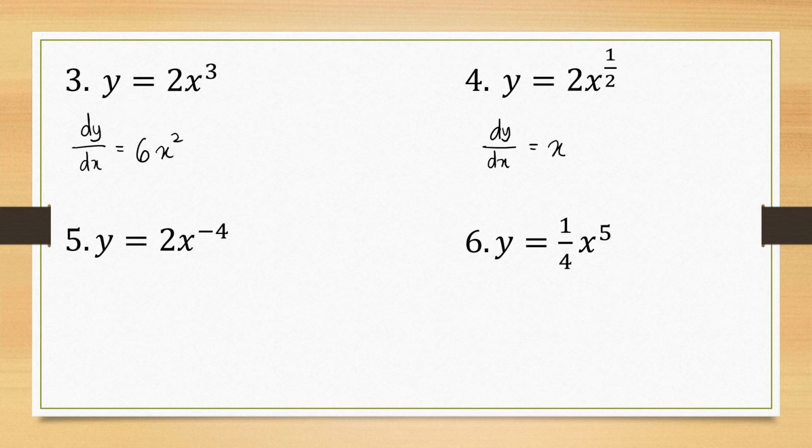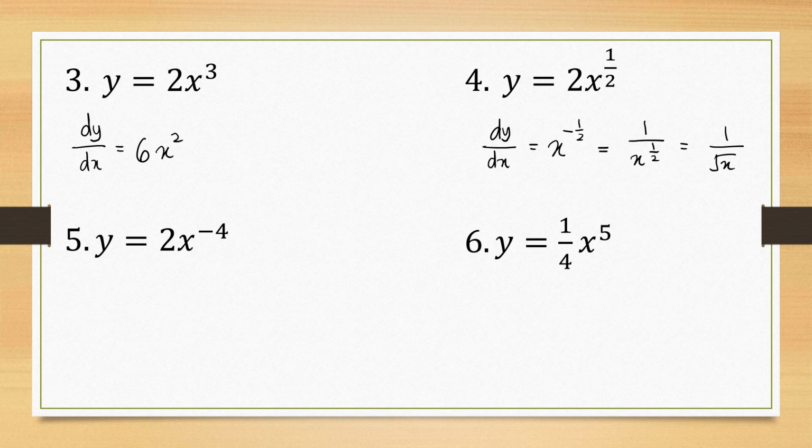So 1 over 2 minus 1, you get x power of negative 1 over 2. Then you have to simplify your answer. You will get 1 over x power of 1 over 2. So simplify as 1 over square root x, because we know power of 1 over 2 is equivalent to square root x.